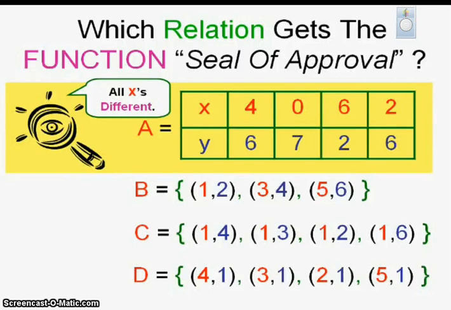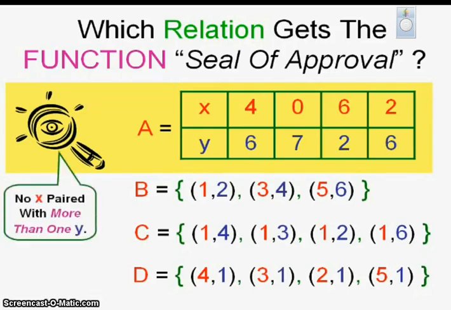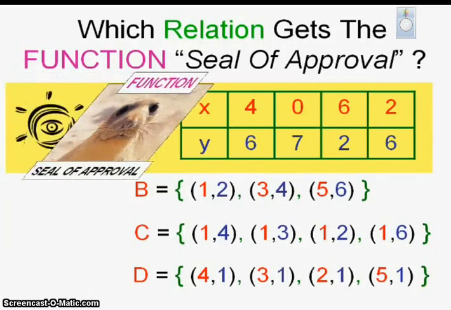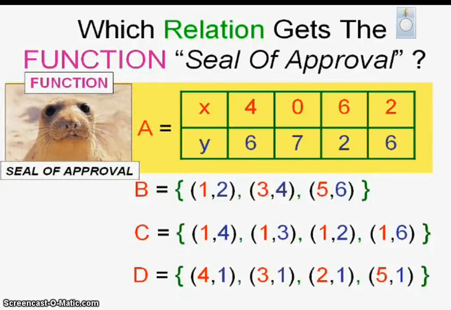But each of those elements, 4 and 2, is only mapped to one number. So as long as each x only has one answer, then you do have a function. So, relation A gets the function seal of approval.